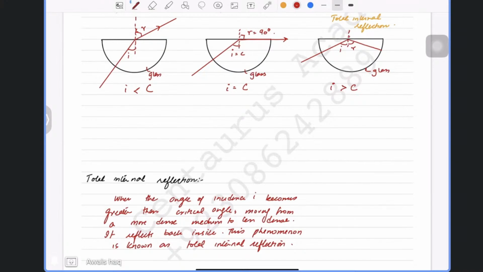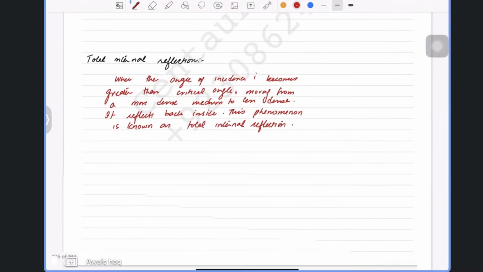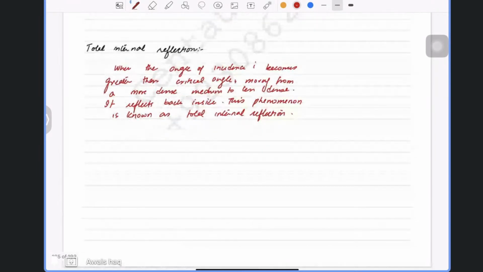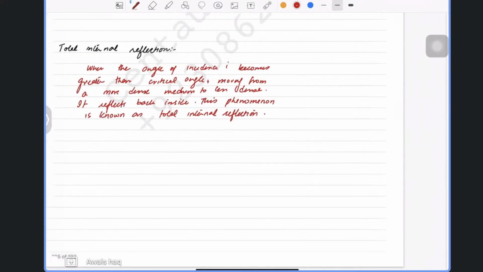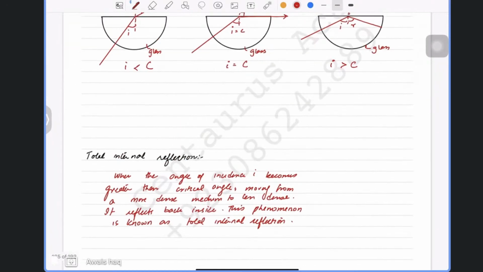Now, we're going to look at some of the questions from total internal reflection and understand how it helps us in a lot of ways. If you've written it, I want to go forward.